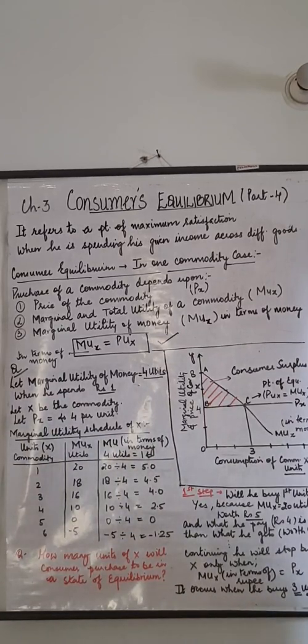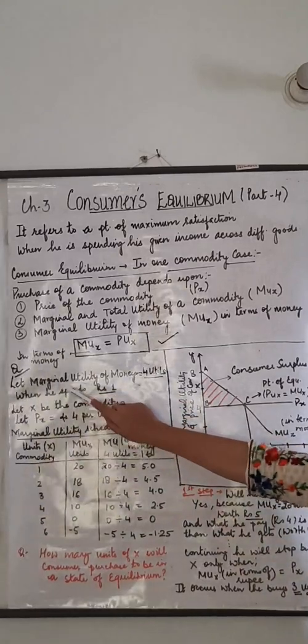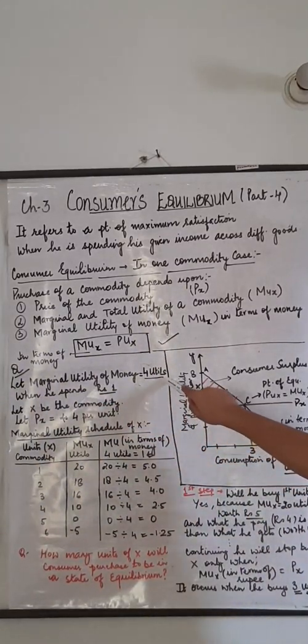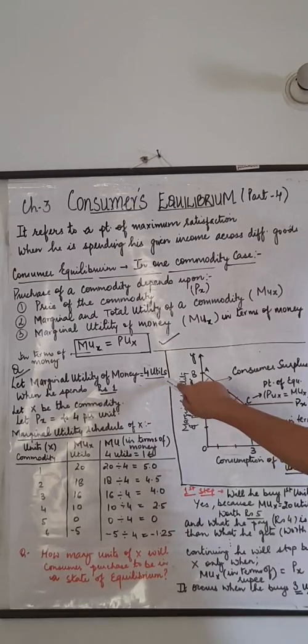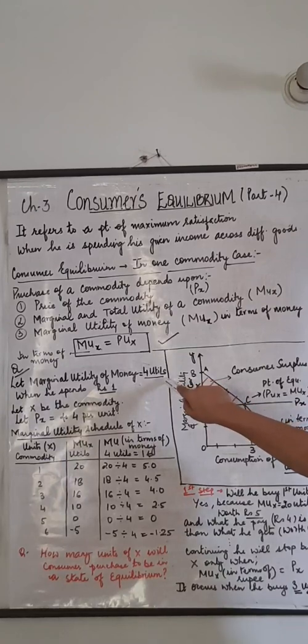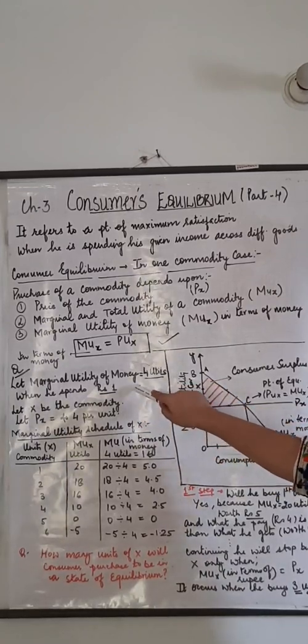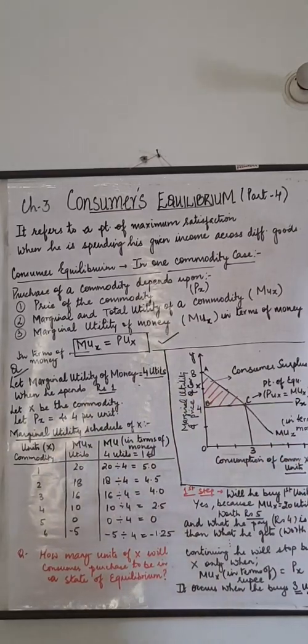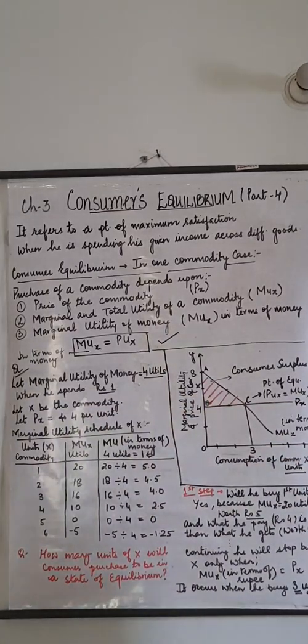Now, for example, let the marginal utility of money equal 4 utils. I have assumed that for any commodity X I am taking, we measure the utility with utils.